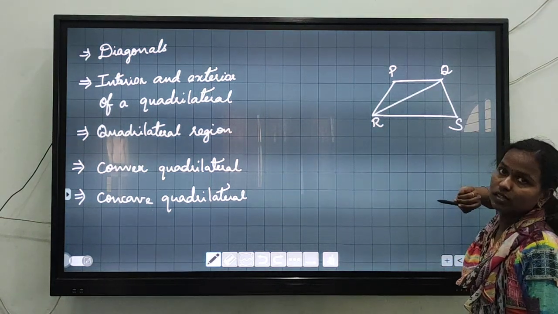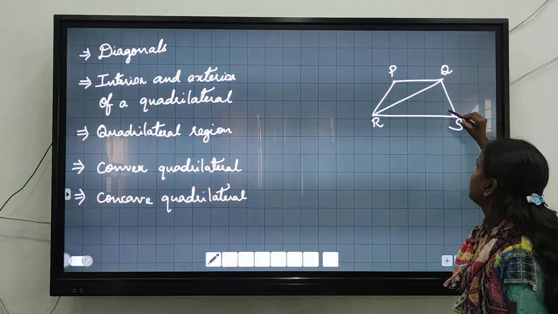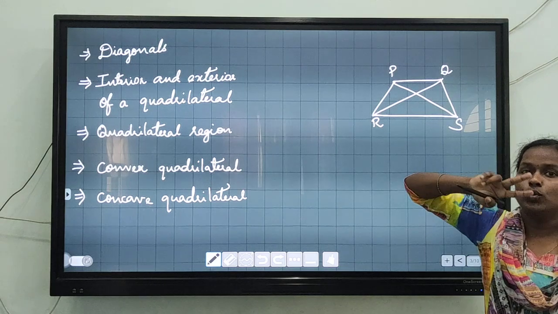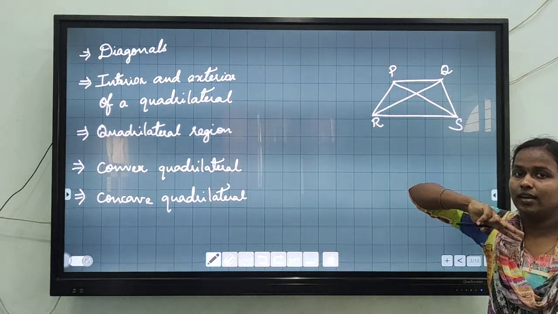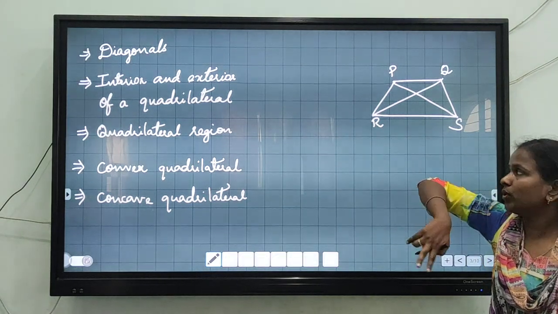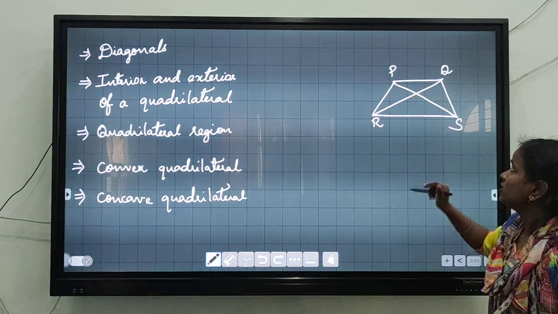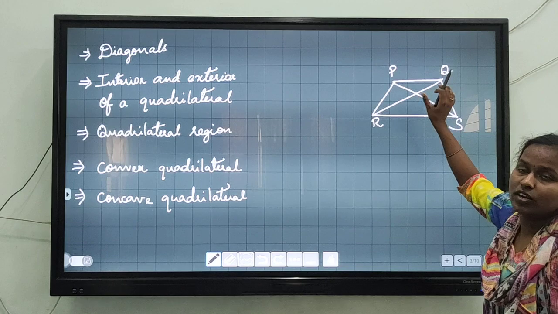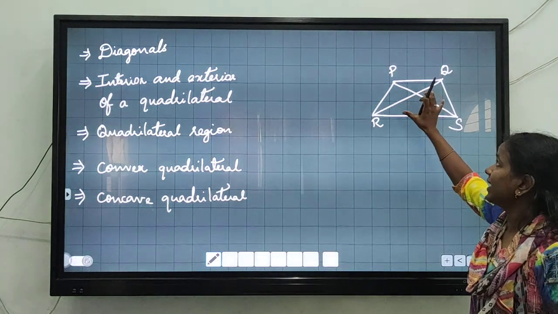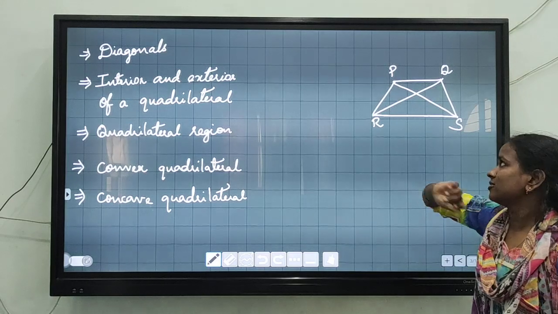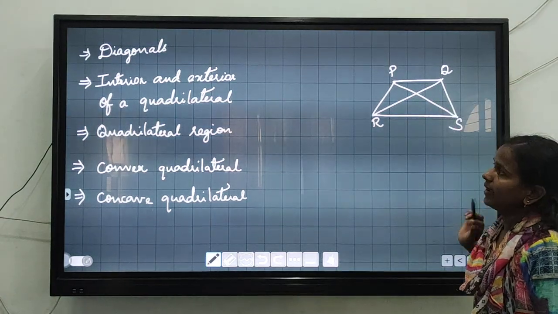So I am connecting this one. This is one diagonal, and this is another diagonal. In a quadrilateral we can draw 2 diagonals. Every quadrilateral has 4 sides and 2 diagonals. If you connect 2 opposite vertices using a line segment, that is called a diagonal.